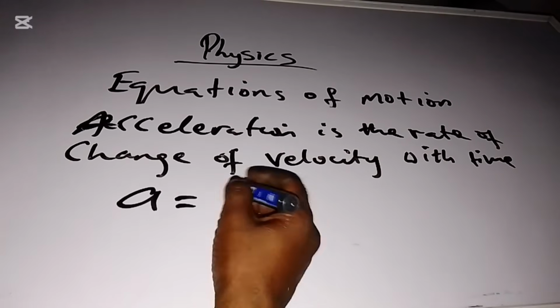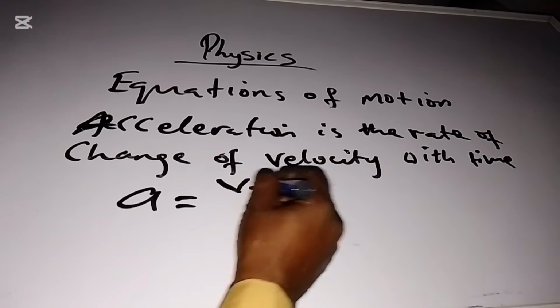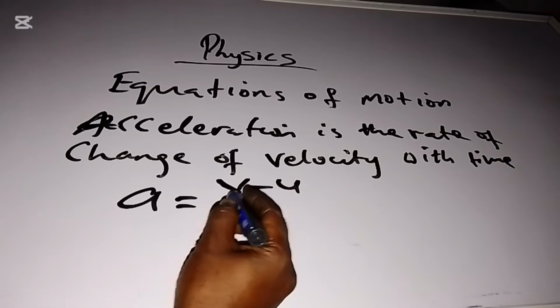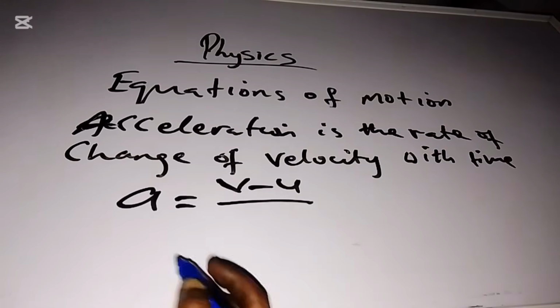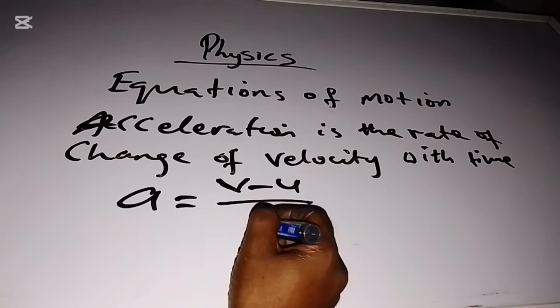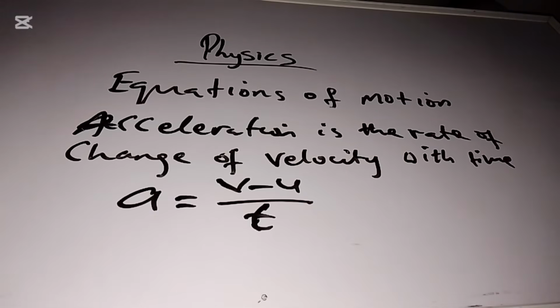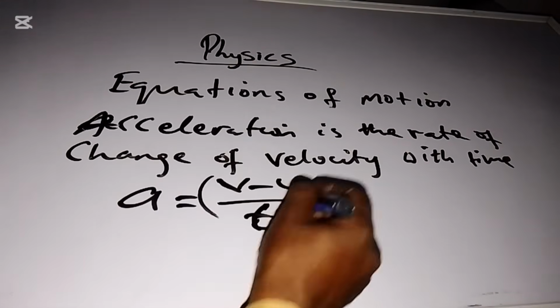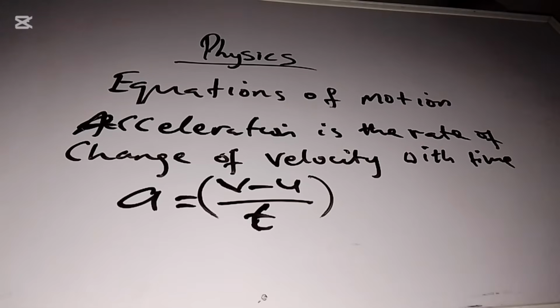It's equal to change in velocity, which is final velocity minus initial velocity, over time t. Okay, so now this is acceleration. Now we use this to derive the very first equation of motion.